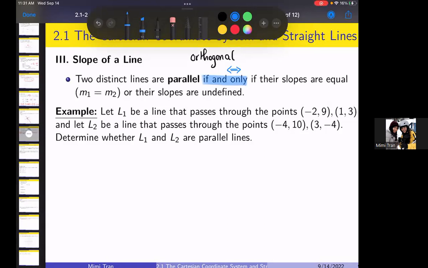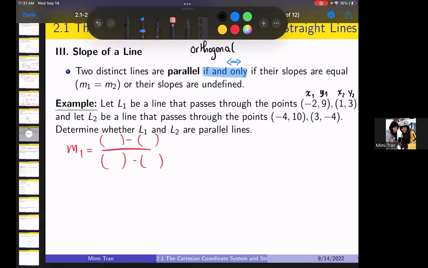Yeah, I think that's correct. So m1, I do it like this, and on top of that, I also label my points so that I don't make a mistake.